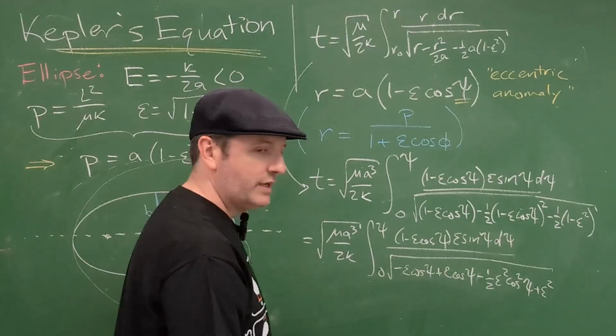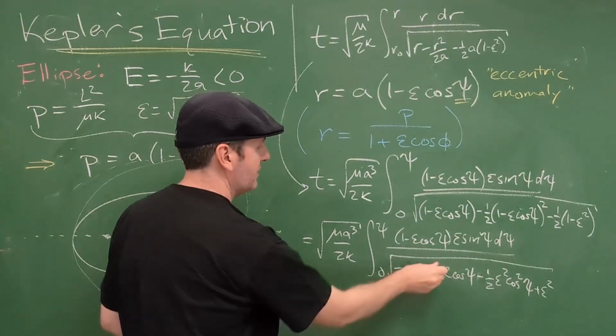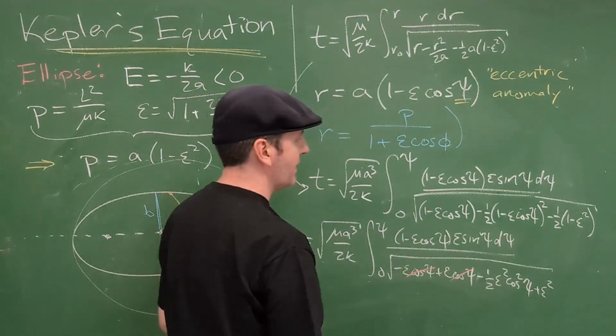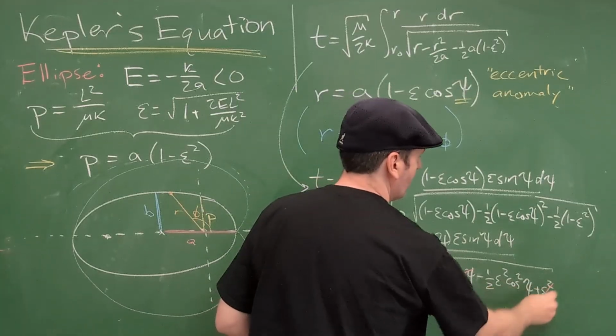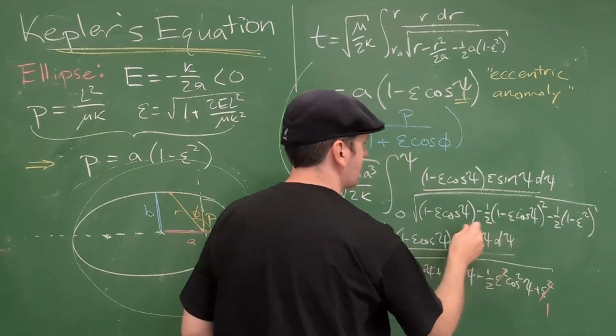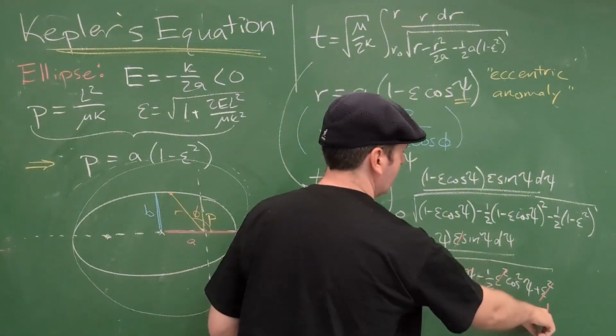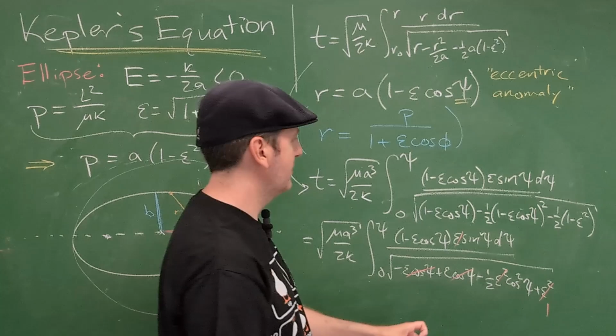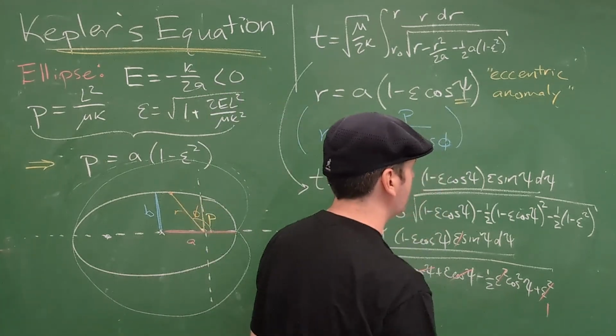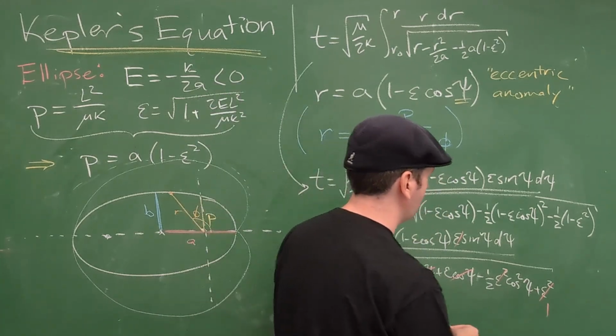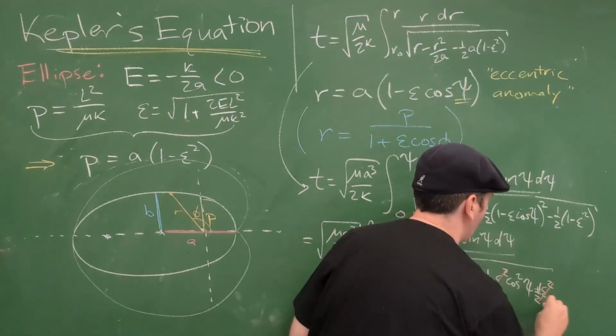Okay, we can now see a little bit of simplification. These guys cancel out. There's an epsilon squared in both of these terms, which can cancel this epsilon in the numerator. And then what am I left with? 1 minus, oops, I forgot a 1/2 there, didn't I? Yes. Should have been a 1/2.